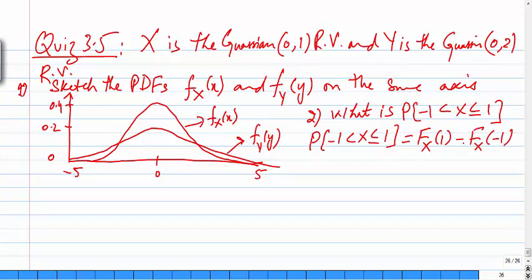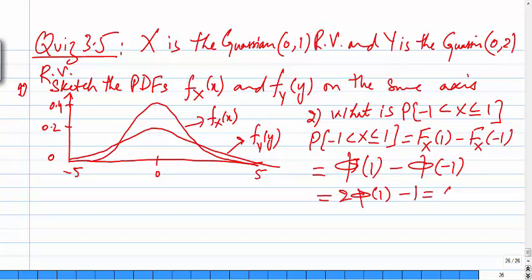Because this is already in standard form, it becomes phi of 1 minus phi of -1, or in other words, 2 phi of 1 minus 1, and when we put in the value, it becomes 0.6826.